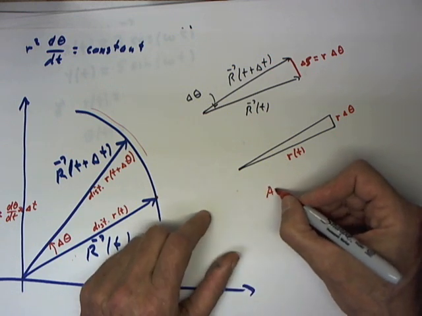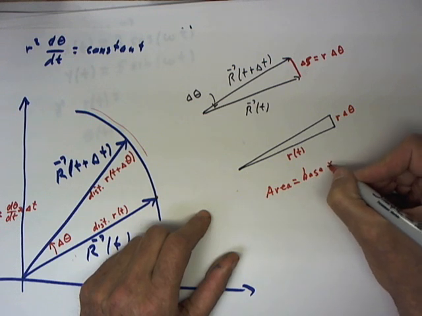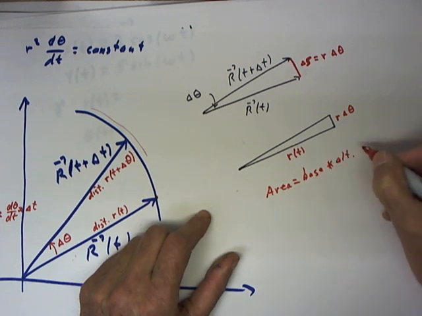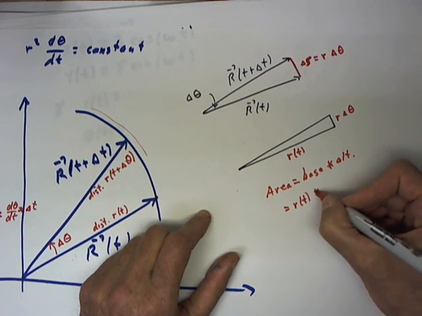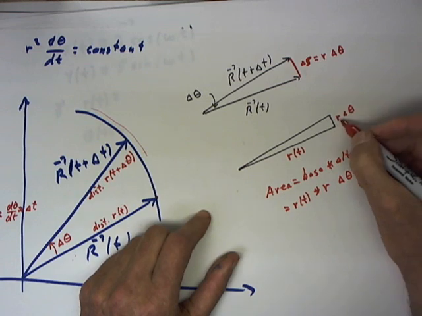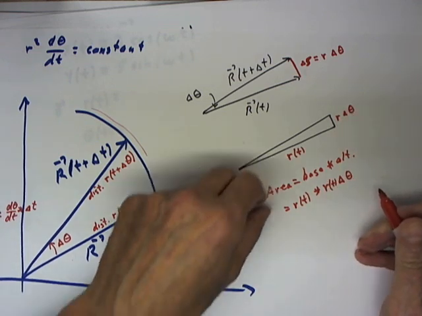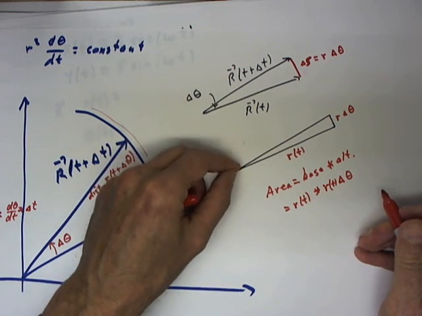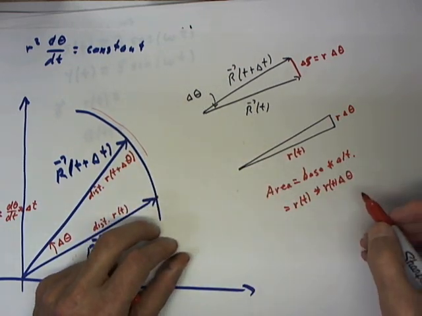So we get area equals base times altitude equals r of t times r delta theta. Now I'm using r as shorthand for r of t, again assuming that delta t is small enough that r doesn't change by much.